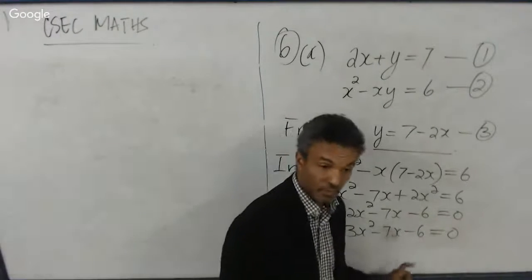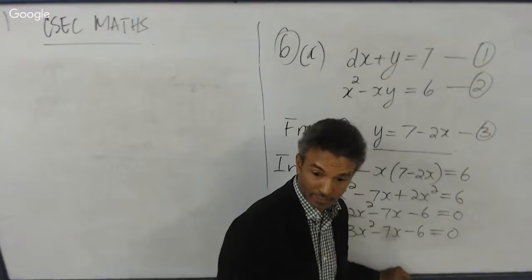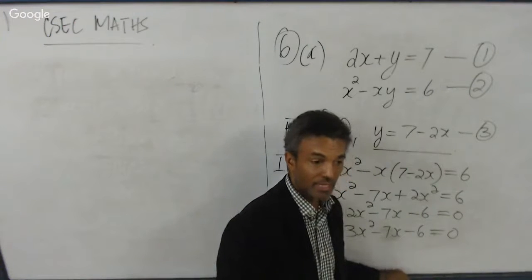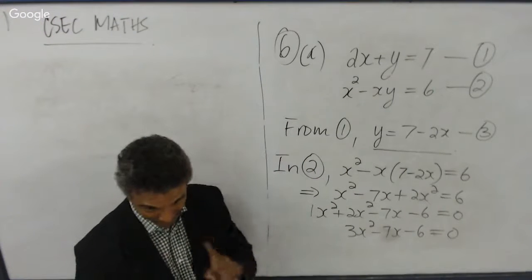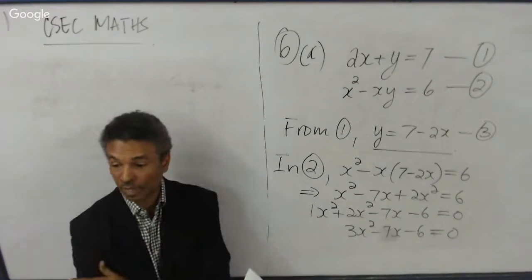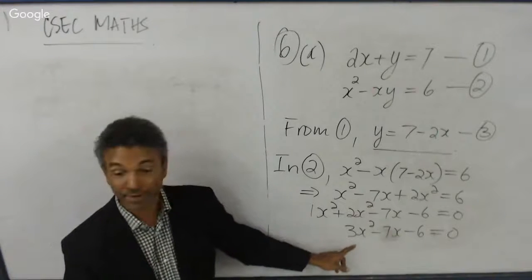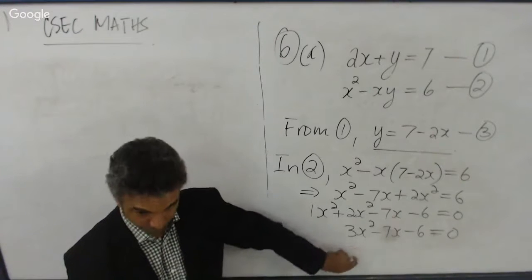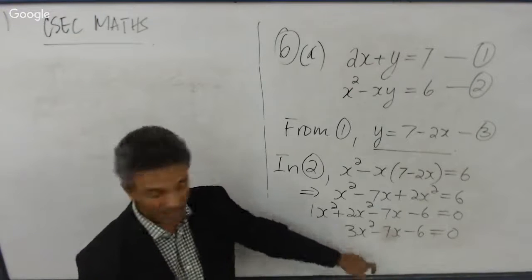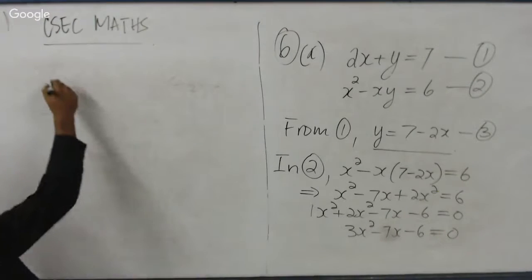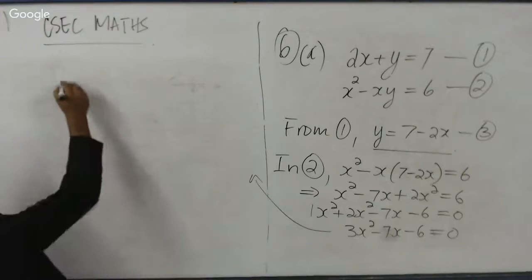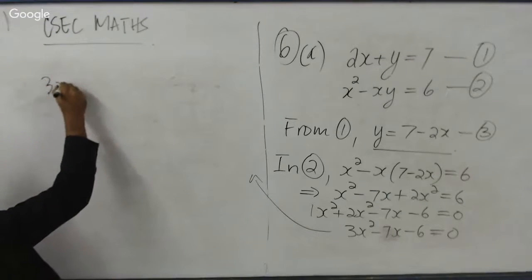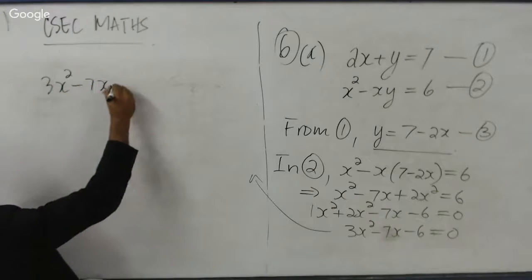In these questions, the ones with one linear, one quadratic, it's a guarantee that they're going to give you one that can be factorized. The formula can be used for all, but factorization only works if it can be factorized. So using factorization, which is not the only way, I'm going to factorize, rewriting it here, 3x squared minus 7x minus 6 equals 0.